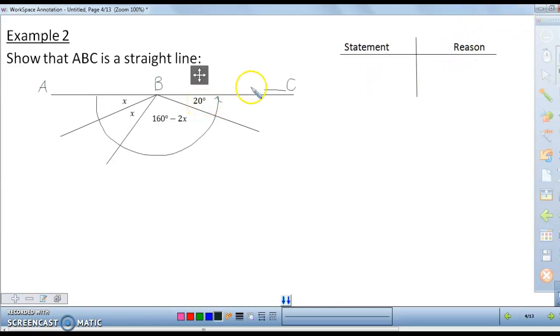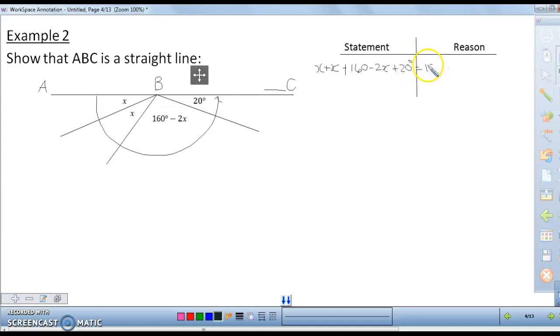So I'm going to write a statement, and I am going to say that angle x plus x plus 160 minus 2x plus 20 degrees must add up to 180.